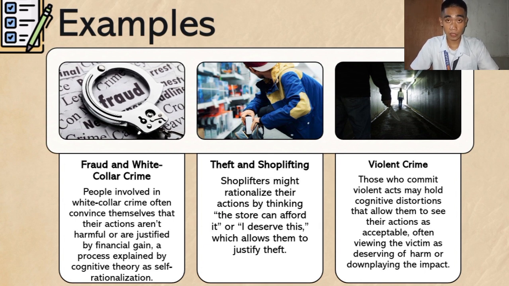The third example of cognitive theory is violent crime. Those who commit violent acts may hold cognitive distortions that allow them to see their actions as acceptable, often viewing the victim as deserving of harm, downplaying the impact.